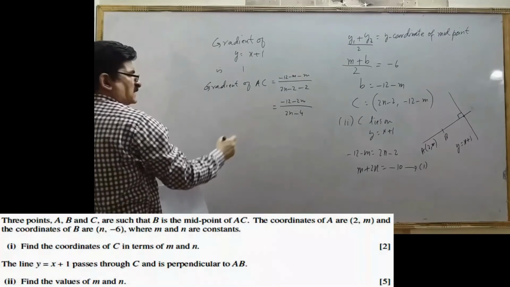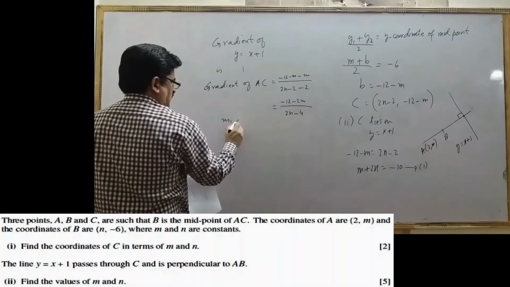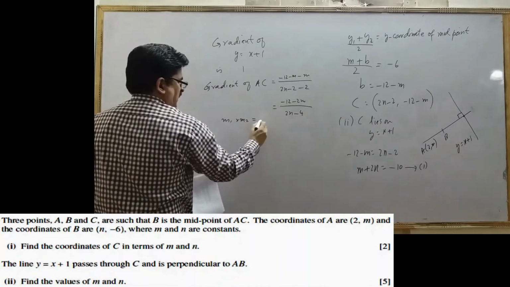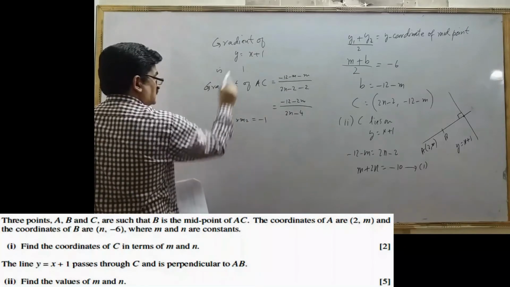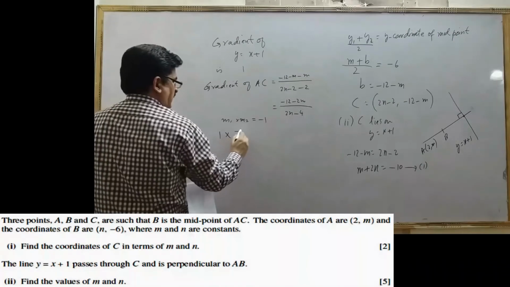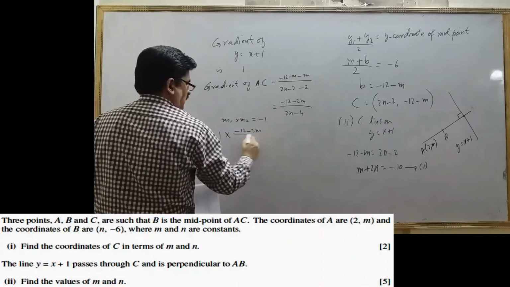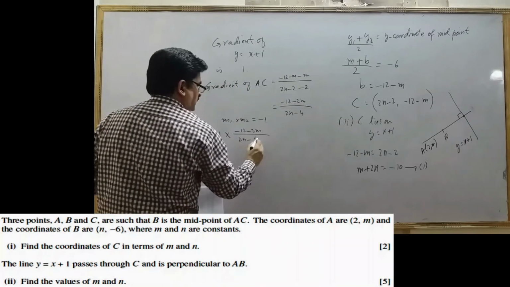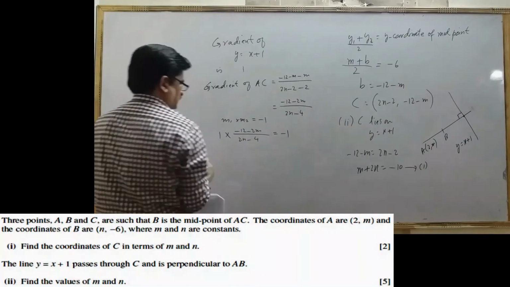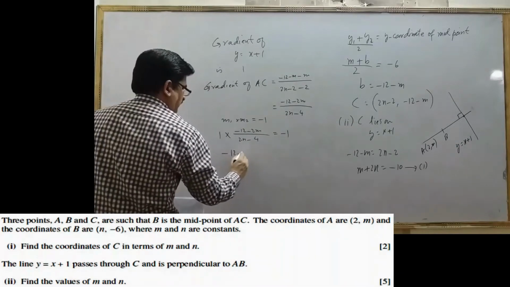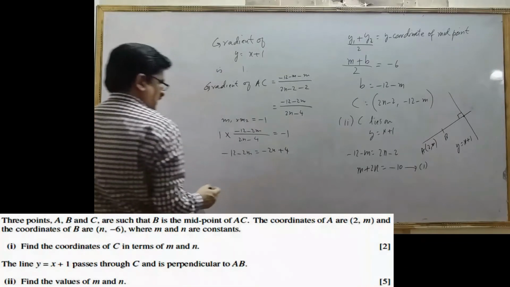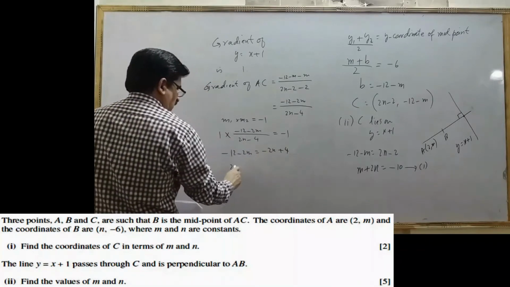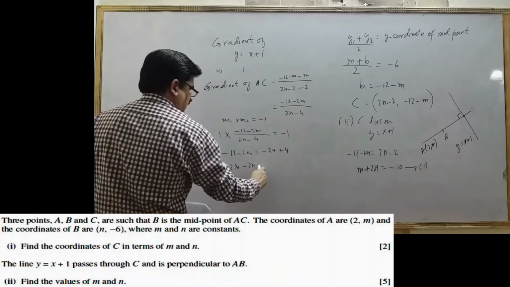Given line AC are perpendicular. So using this relation m1 into m2 is equal to minus 1, we have this gradient 1 multiplied by minus 12 minus 2m over 2n minus 4 equal to minus 1. From here we have 2m equal to minus 2n plus 4. But shifting to the right, we have 2m minus 2n.